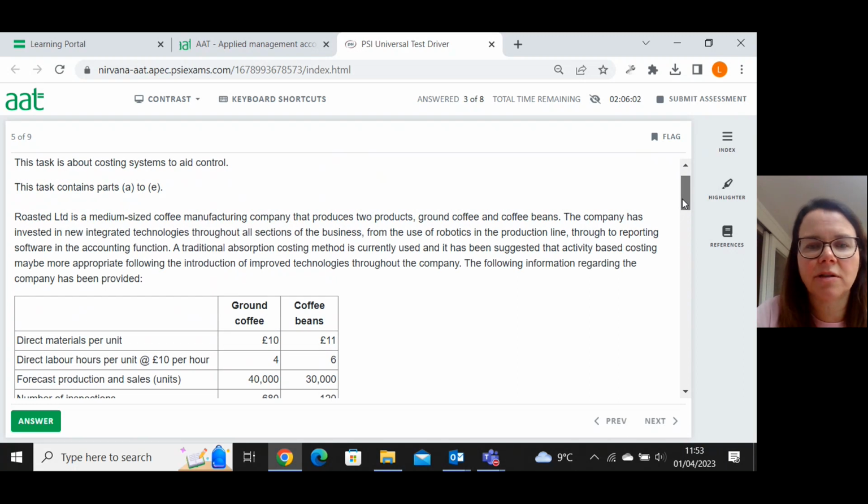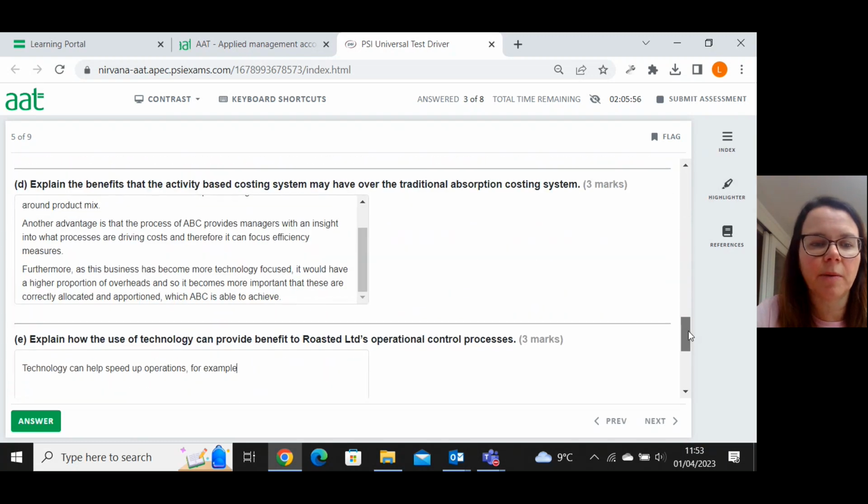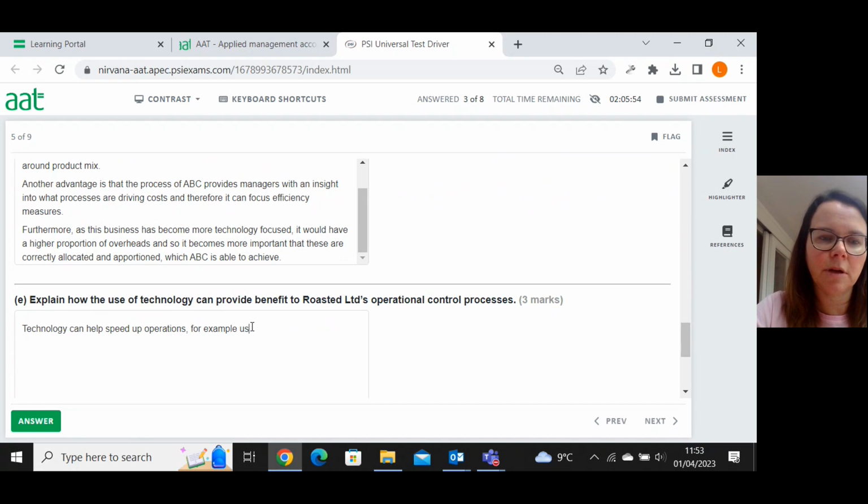This introduction of improved technologies from robotics in the production line. So we could use that as an example. Using robotics in the production line will be quicker and also will free up workers for other tasks.